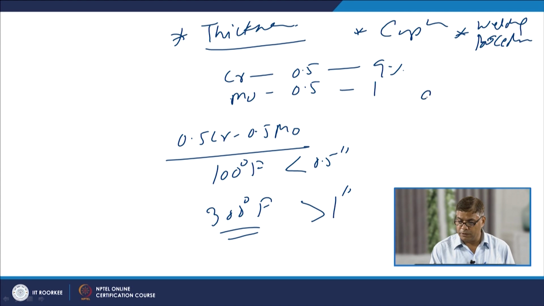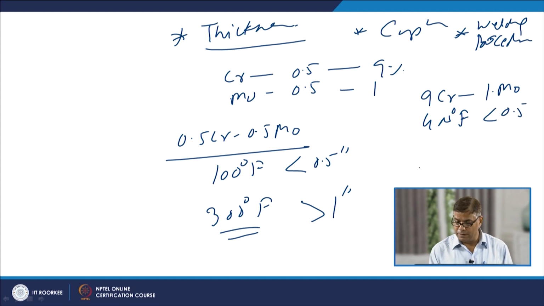Likewise, if we are talking of the 9 chromium and 1 molybdenum, higher chromium and higher molybdenum percentage, then this preheat can be 400 Fahrenheit for thickness less than 0.5 inch, and it can be 500 Fahrenheit if the thickness is greater than 1 inch.